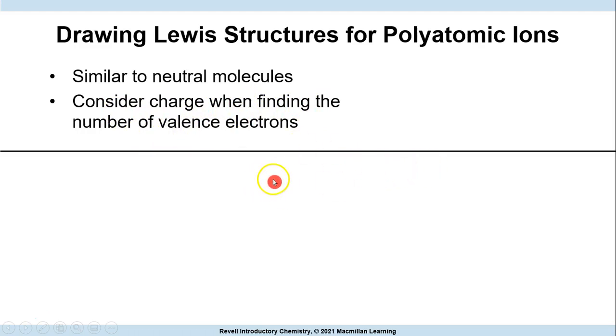Remember, for polyatomic anions, a negative charge means that the species has gained electrons, and a positive charge means that the species has lost electrons. So when we see an ion that is negative, we are going to add electrons.